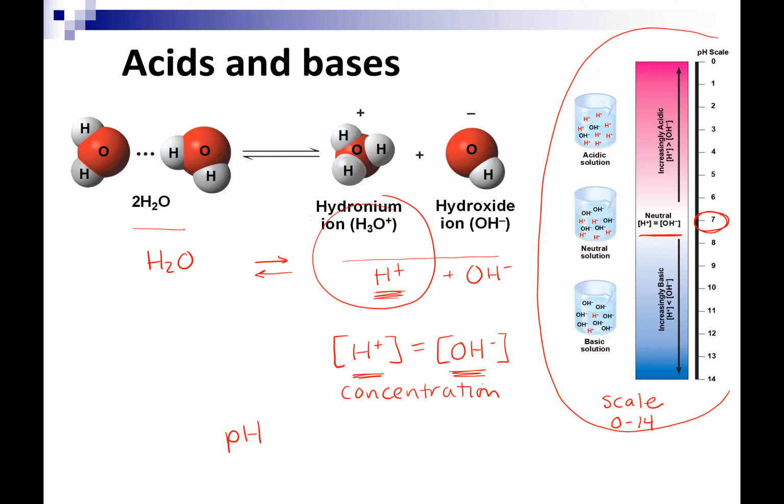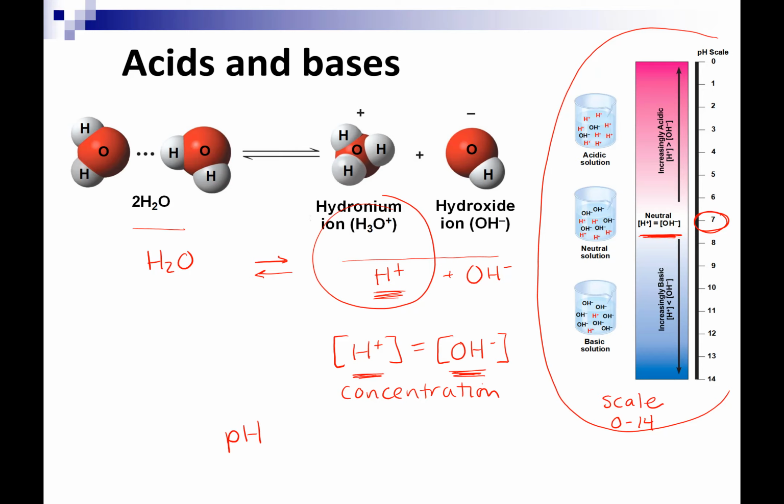So water is neutral if it doesn't have anything in it, right? It goes back and forth between water and breaking down into the ions and forming back water. So that's why at neutral, the amount of H plus equals the amount of OH minus, and we get a pH of 7. We're going to talk about these numbers in just a second.